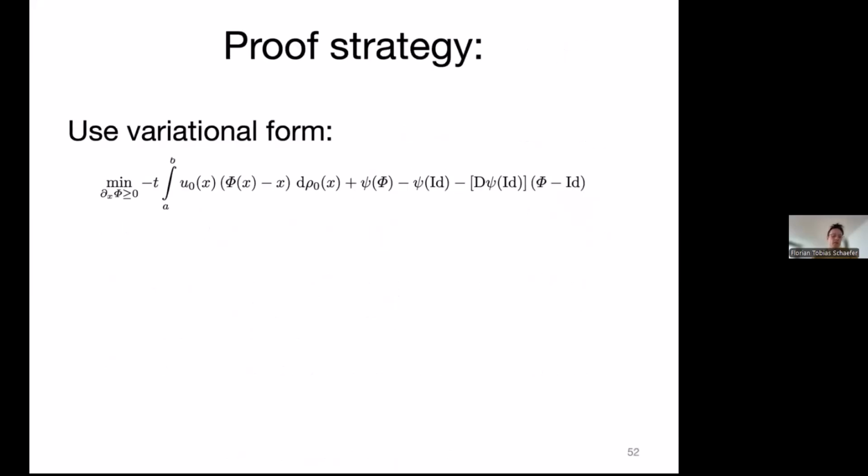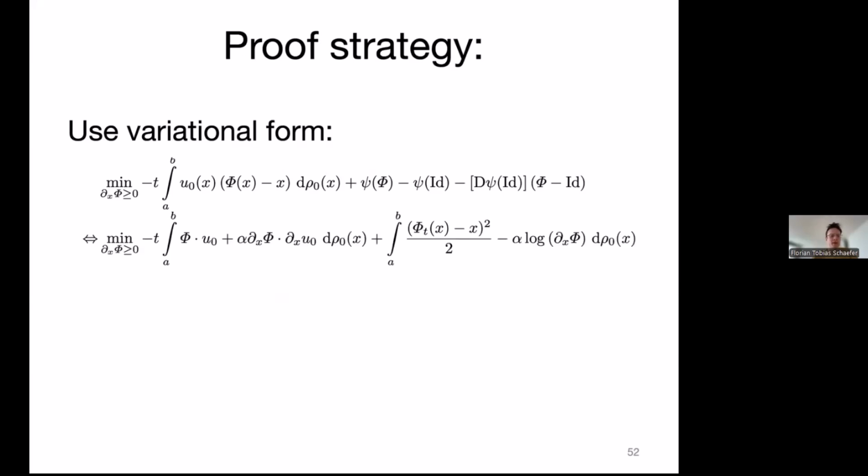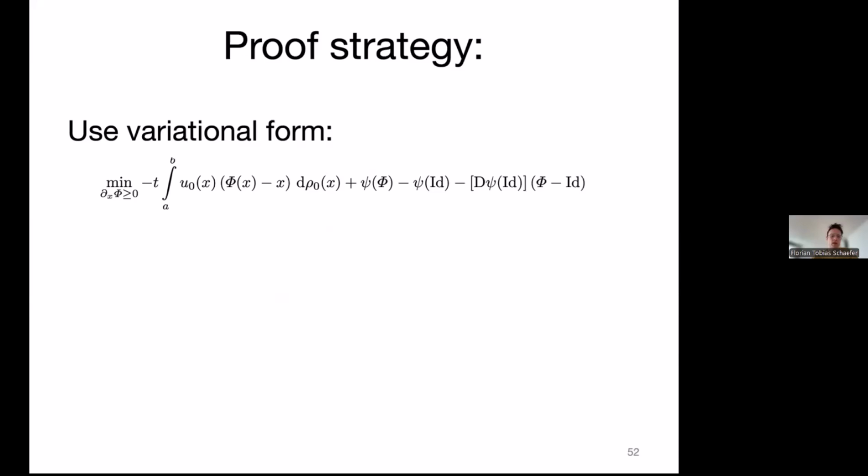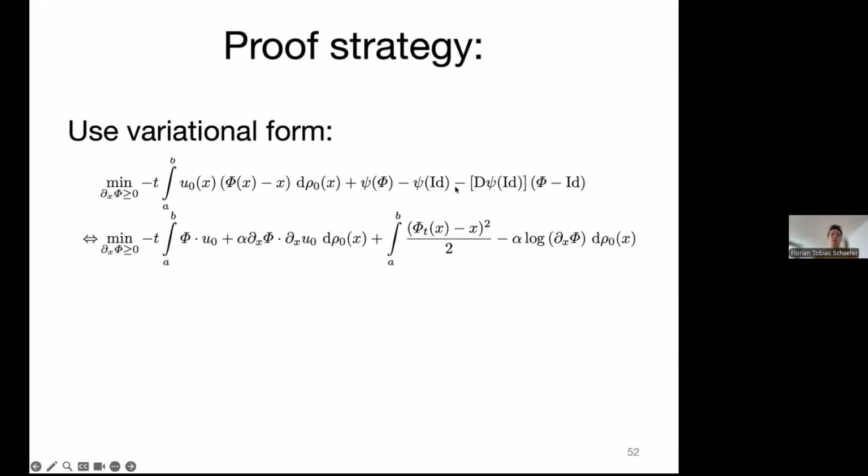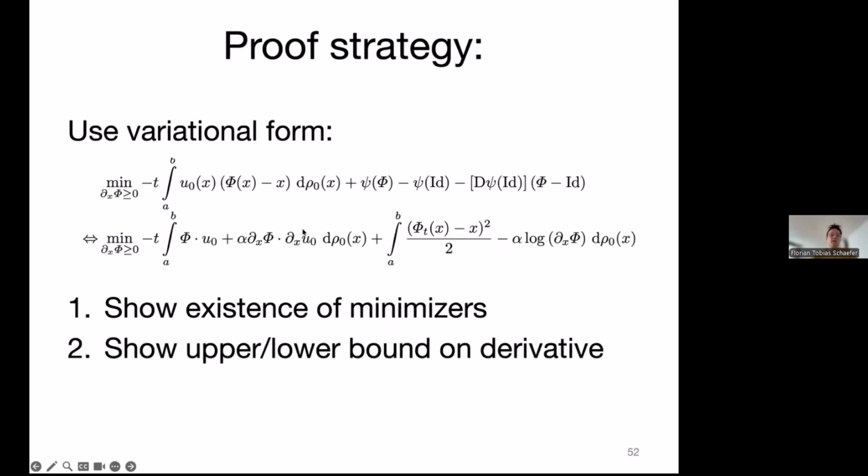And the main idea here is that we look at this variational problem, and we use the direct method of the calculus of variations to show existence of minimizers.